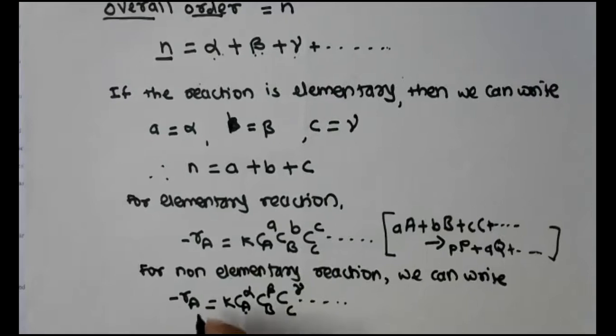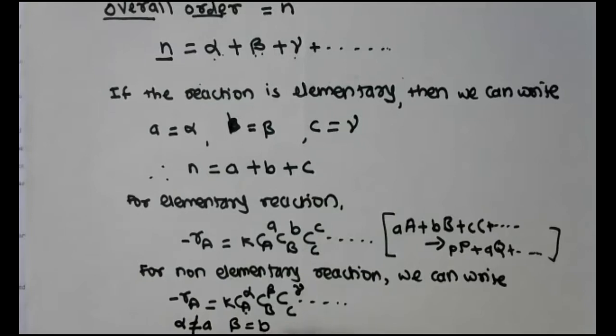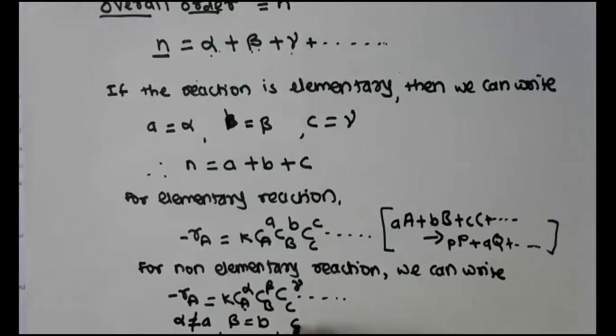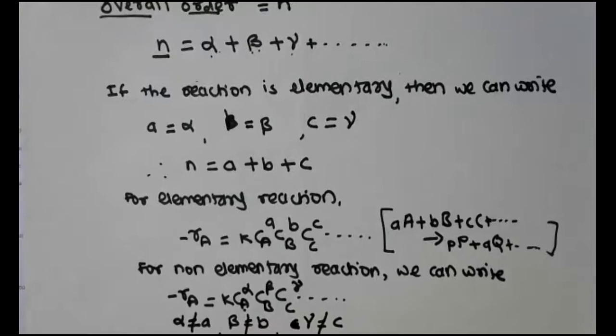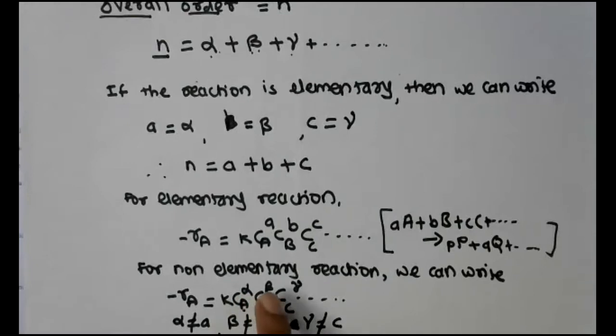What does it mean? It means that for a non-elementary reaction, orders are not equal to the stoichiometric coefficients. Alpha is not equal to a, beta is not equal to b, gamma is not equal to c. So in this case, alpha, beta, gamma can be determined from the experimental data.